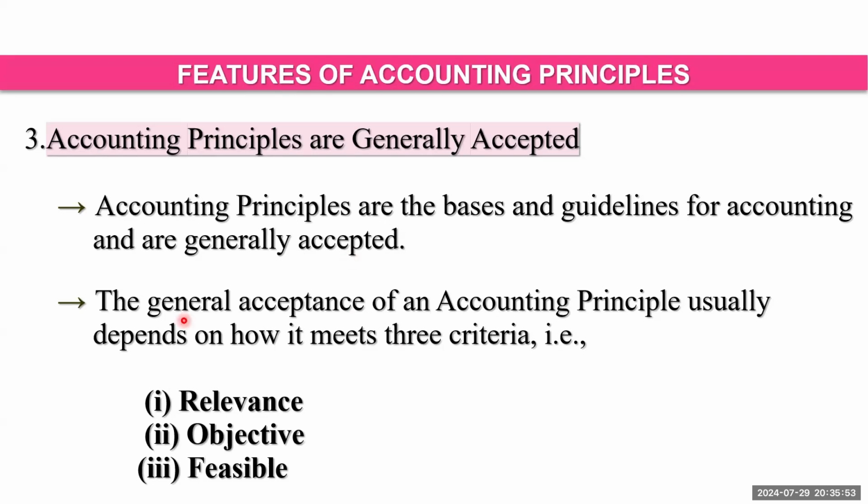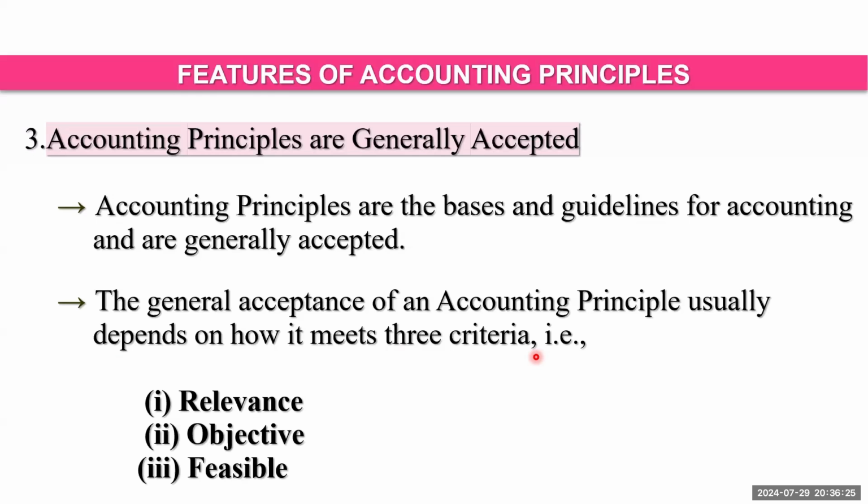And below that, the general acceptance of an accounting principle usually depends on how it meets three criteria. The first sentence says that these are accepted by everyone. And the second sentence provides the logic, the reason why all the accountants follow these principles.